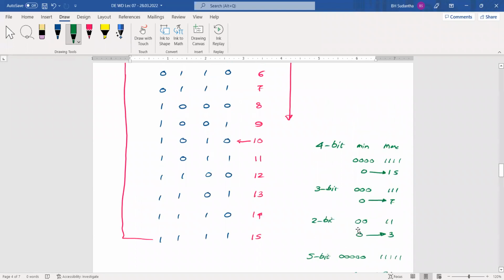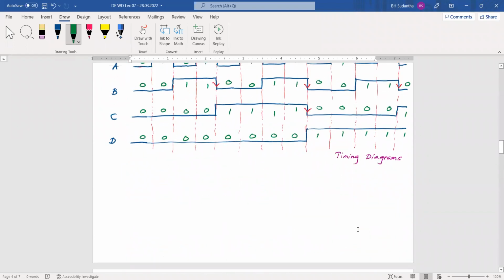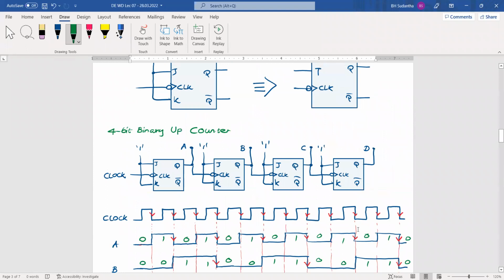Is it possible to expand this one? Is it possible to reduce this one to 2-bit, 3-bit like that? Yes, it's possible. Have you identified there is a pattern here when you make this circuit? Then you can take a similar type of flip-flop. In this case, a falling edge triggered flip-flop. You can combine the J and K inputs and put them to logic 1, take the output from the Q output, and take the clock input from the previous stage.